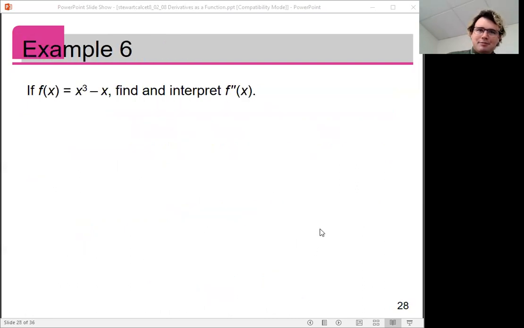So let's actually calculate something like this. Let's take the function f of x is equal to x cubed minus x. We're going to find its second derivative, f double prime of x.